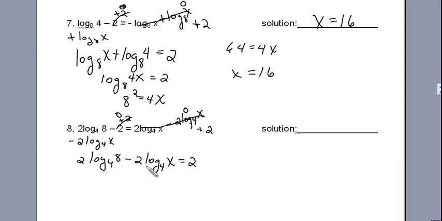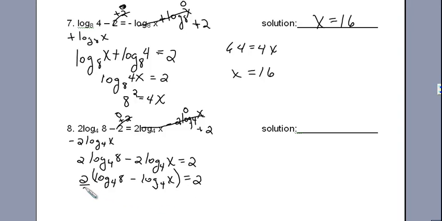Factor out a 2, greatest common factor from this side. You've got 2 log base 4 of 8, and I'm doing this will be in parentheses. Doing this pretty stepwise. Some of you will be able to see very easily that you could combine a lot of these steps.